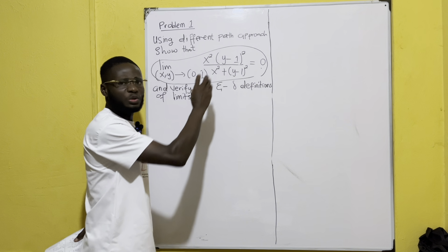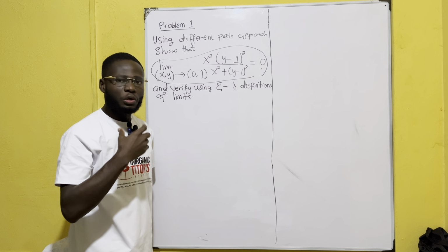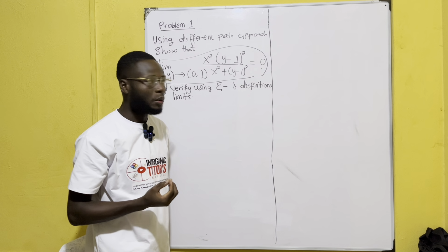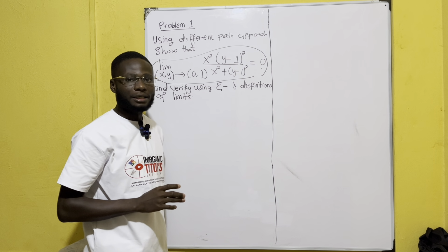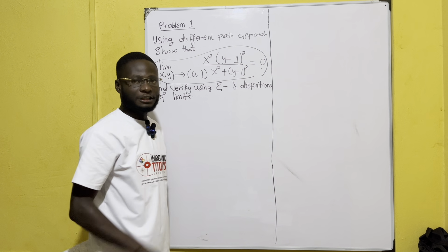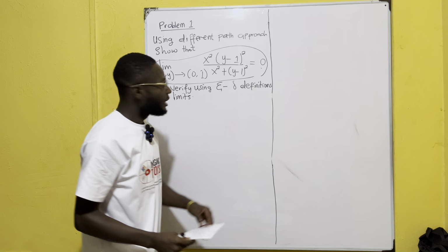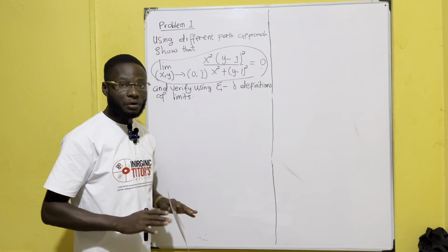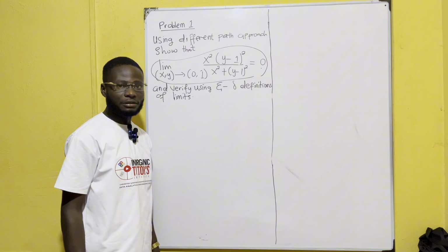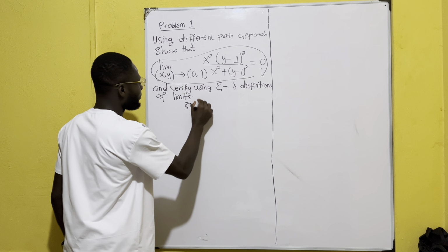This limit looks cumbersome. It looks complex, right? So we want to make it a very simple one for us to be able to use the different parts approach on this particular expression, right? So let's say that we are going to make this expression a very simple one for our own good. So let's write the problem.